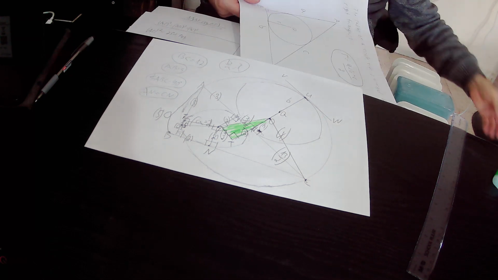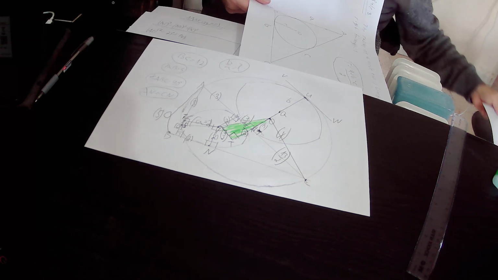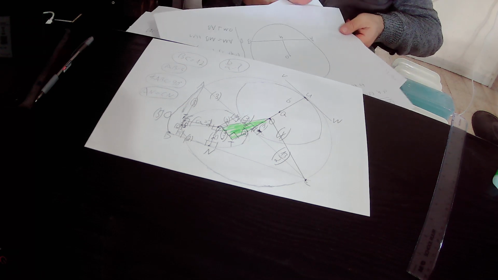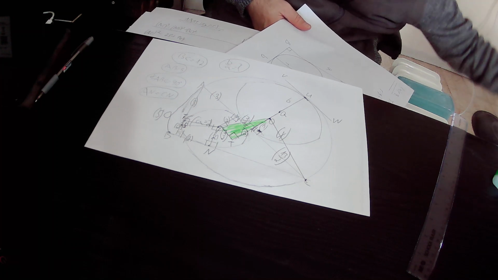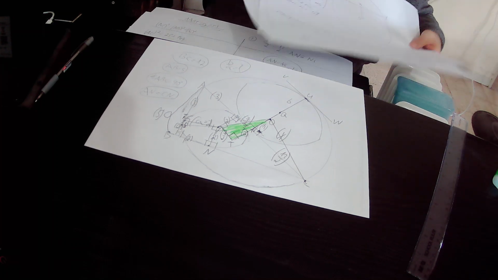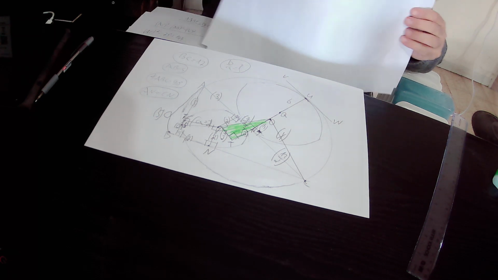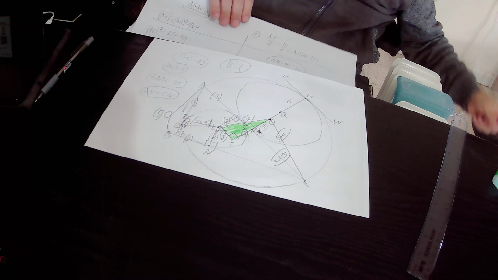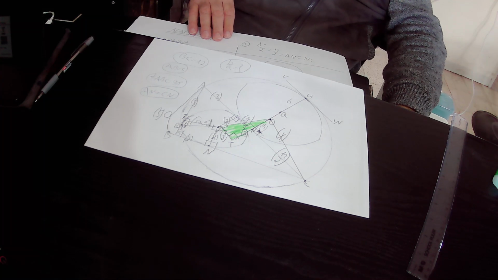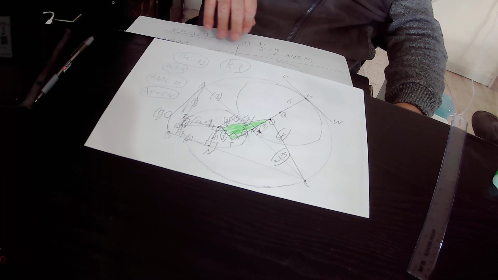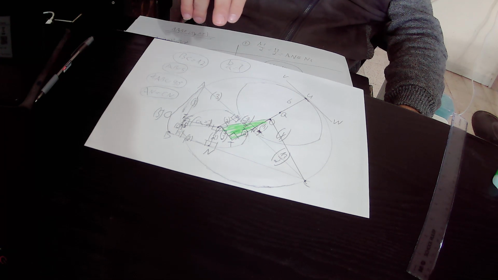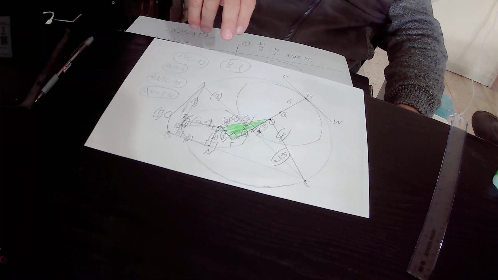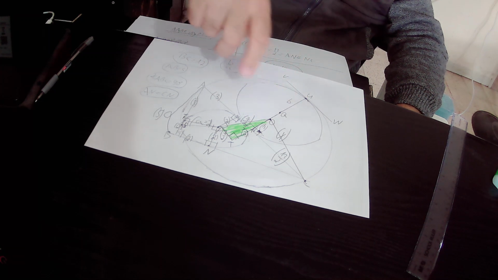In our drawing, here we have the right triangle ABC blocking the circle.